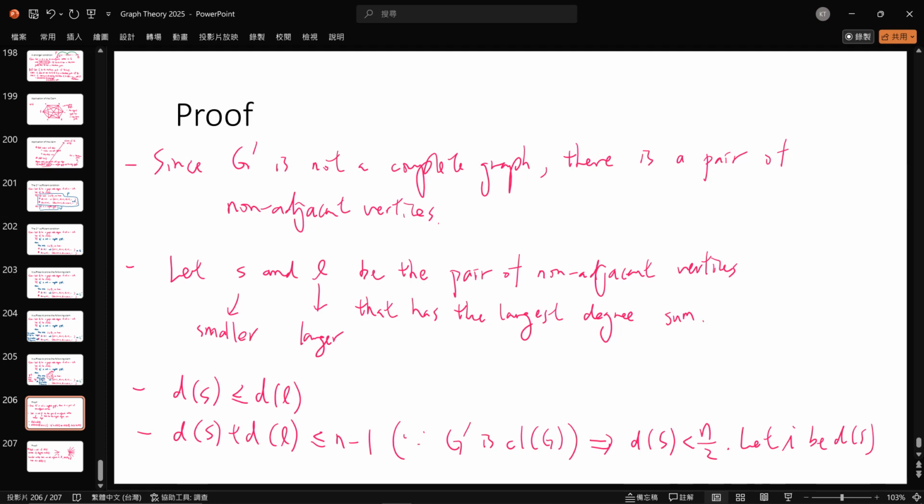Now recall that we have this inequality. Just rearrange this term by moving DL to the right-hand side, and we get this inequality.